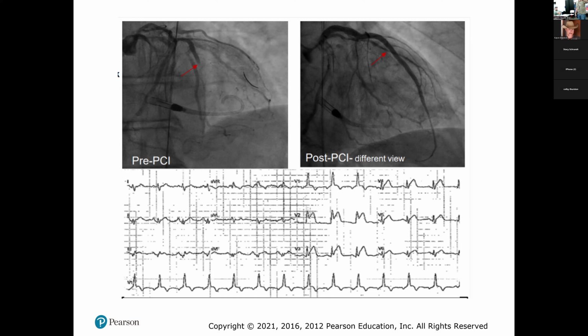The one on the left is after that clot is removed and a stent's put in there. Okay. You see the difference in the blood flow? Okay. Immediate relief. Okay. If this isn't taken care of, it turns into a heart attack. Okay. It goes from heart attack to cardiac arrest. Let me just get that right. Okay.